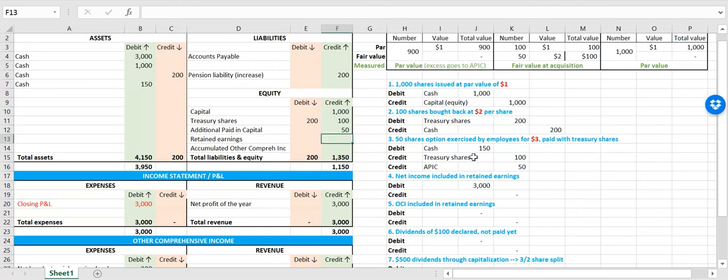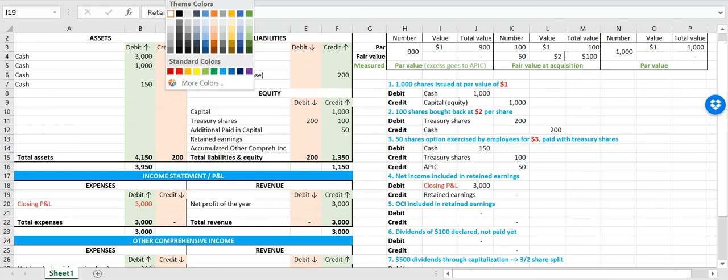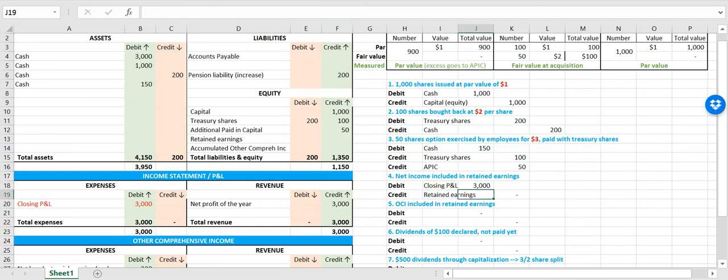So we do debit P&L and credit retained earnings. So those 3,000 are gonna increase my retained earnings. So whatever happens in your P&L at the end of the year accumulates in retained earnings. If you have profit, retained earnings goes up. If you had loss, it goes down.